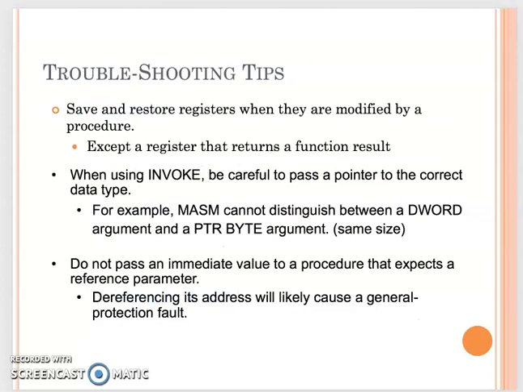So far, we talked about how you can use the invoke to call the procedure and pass the parameter. But one thing I want to remind you and be careful about: just like when we pass the parameter, when you call the invoke, the compiler doesn't really check the specific data you are passing, as long as their data size matches.